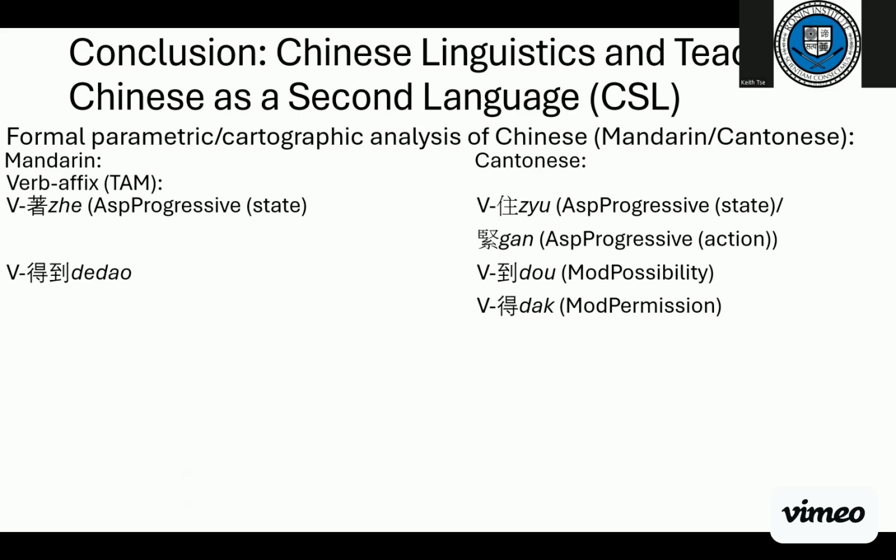Mandarin has 得到, which expresses possibility. In Cantonese, we have 到 and 得, which mean two different things, possibility and permission, respectively.